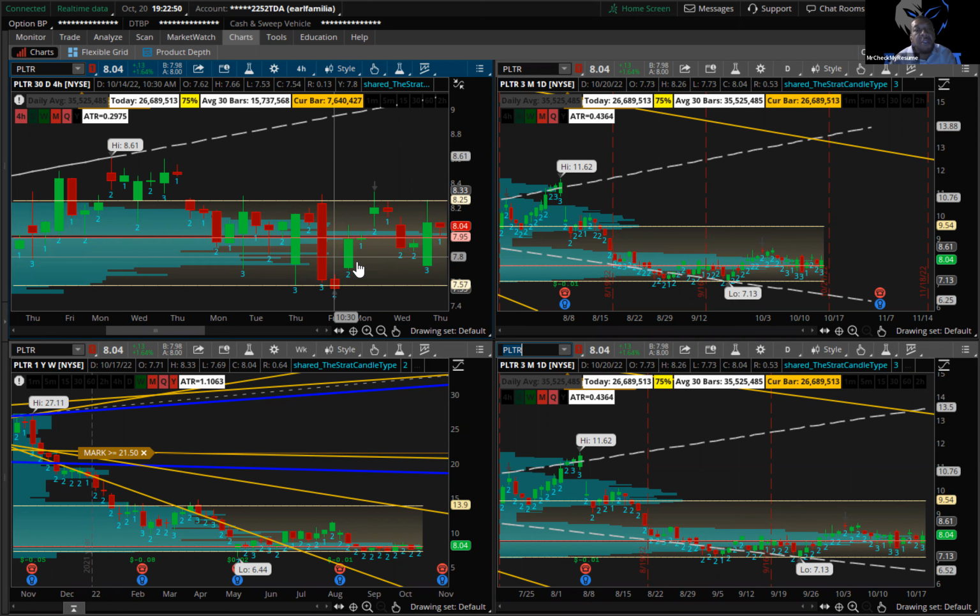But that 4-hour setup does look dangerous. Buyers like it right there, but sellers are present too. It's just been a hodgepodge back and forth. Tug of war, as we say. Palantir is just holding. If you look at the week, it's just kind of been steady.